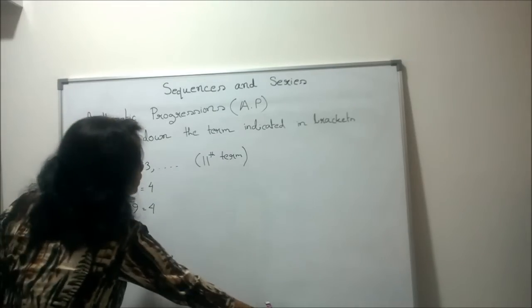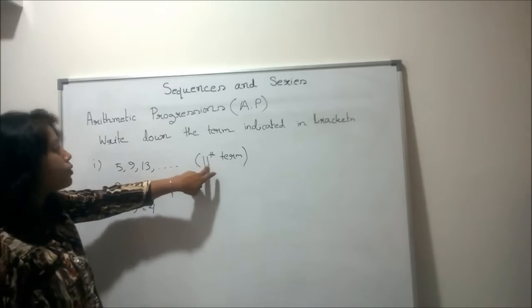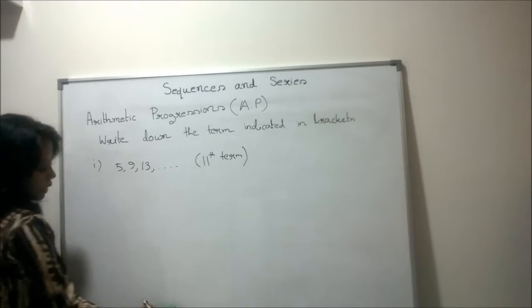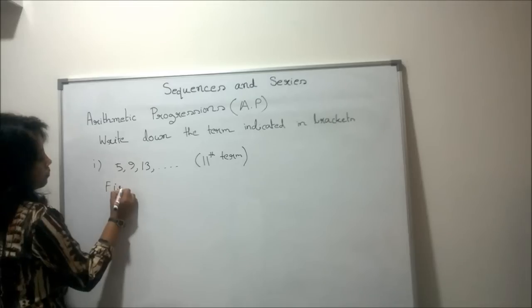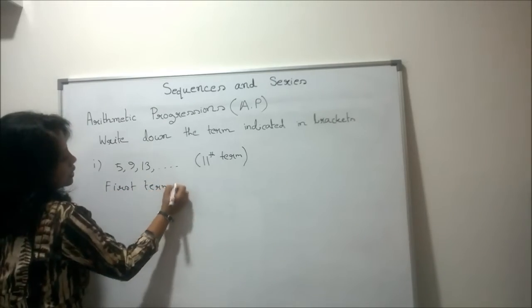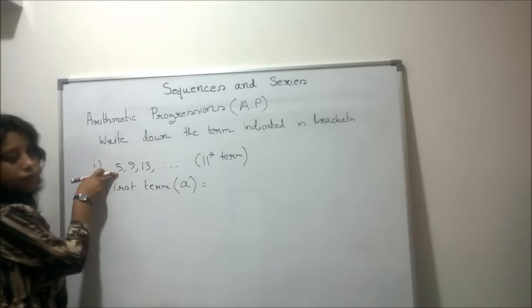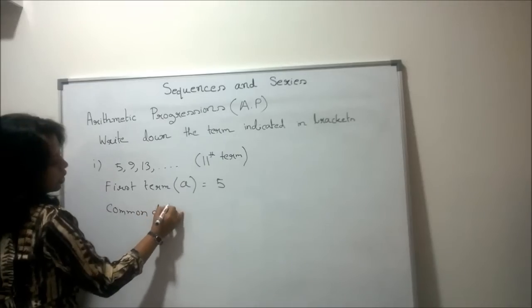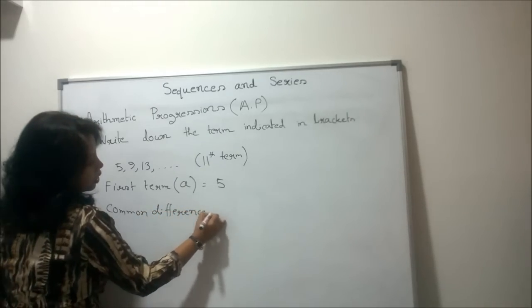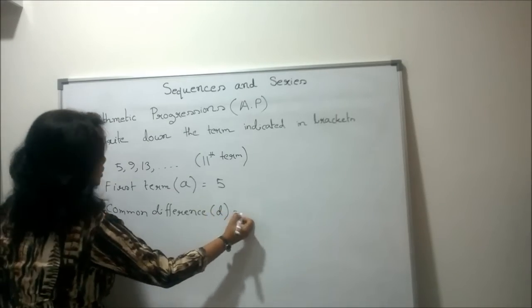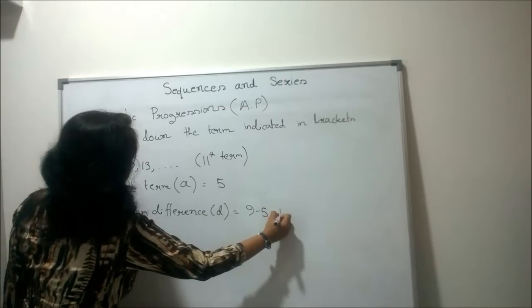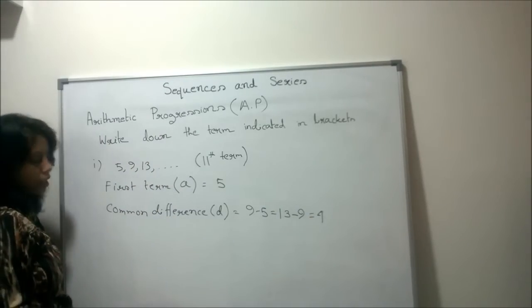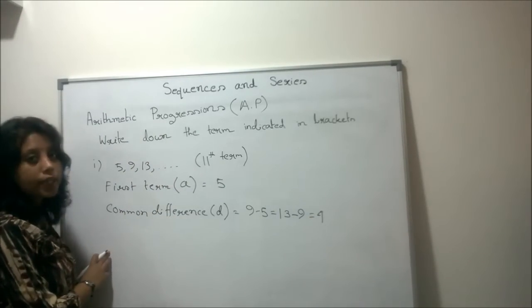Now we have to find the 11th term. The first term, let us take it as a, that is 5, and the common difference denoted by d, that is 9 minus 5, equal to 13 minus 9, that is 4. What is the formula to find the 11th term?